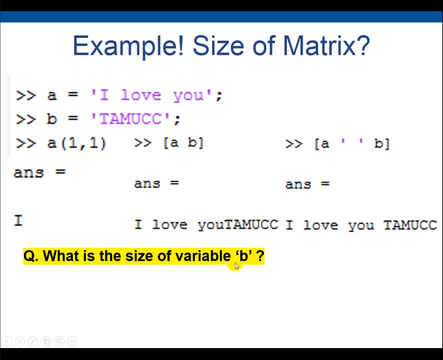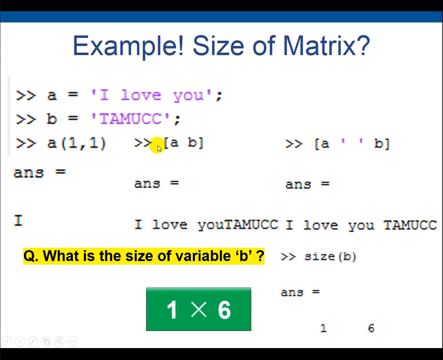What is the size of variable B here? The size of B is 1 by 1, 2, 3, 4, 5, 6. So 1 by 6. We can also say size(B) is always 1, 6. That means there is only one row and 6 columns.